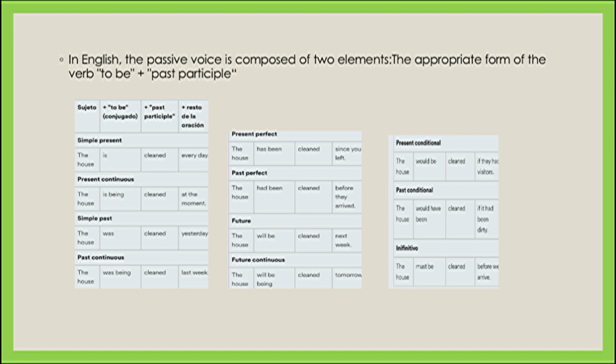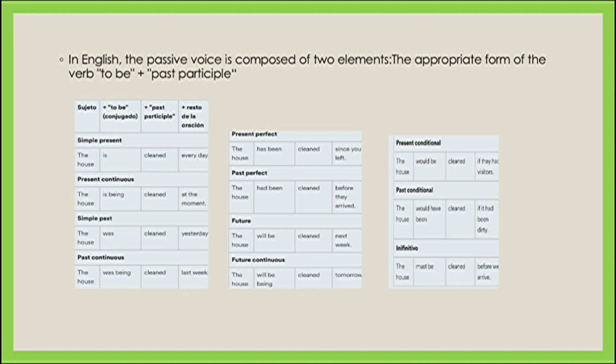Simple present: the house is cleaned every day. Present continuous: the house is being cleaned at the moment. Simple past: the house was cleaned yesterday.